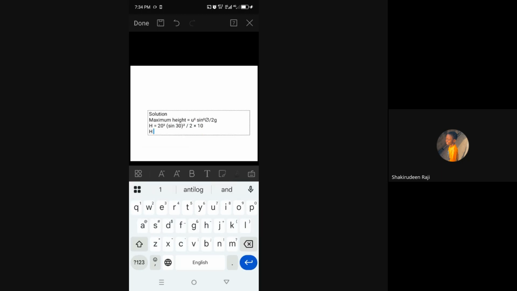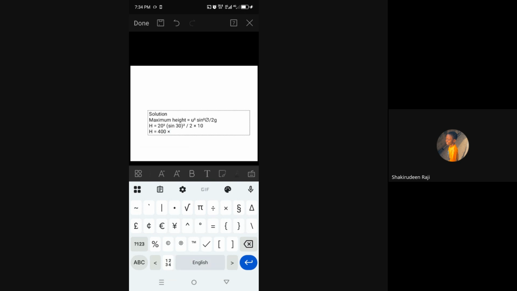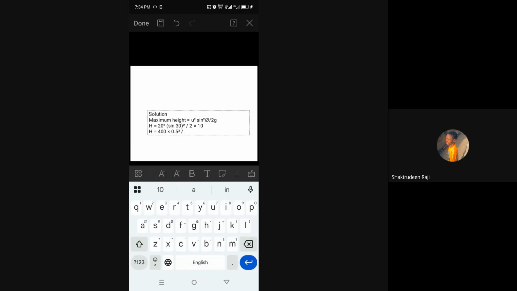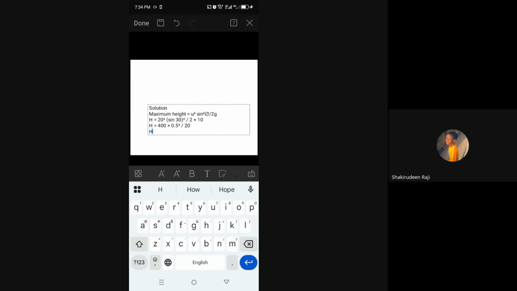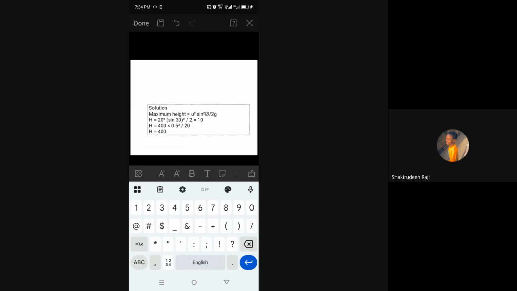So I will have my height is equal to 20 square is 400 times, sine 30 is 0.5, so 0.5 square, everything divided by 20. 2 times 10 is 20.